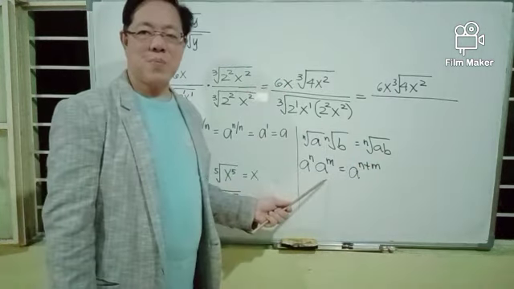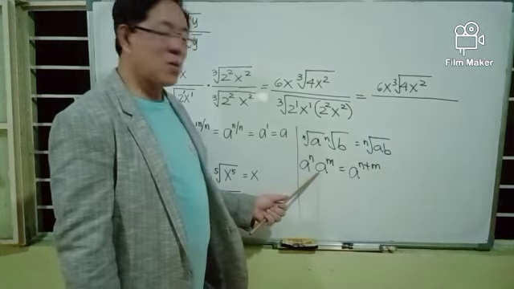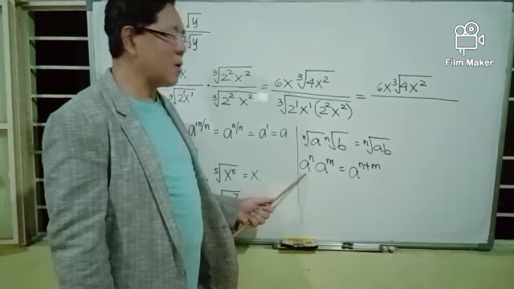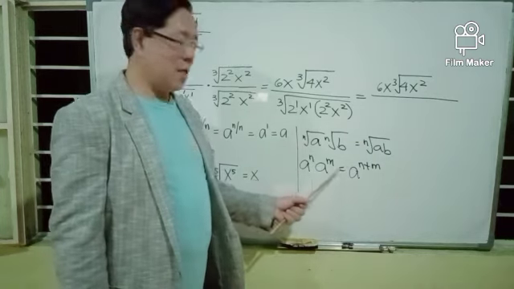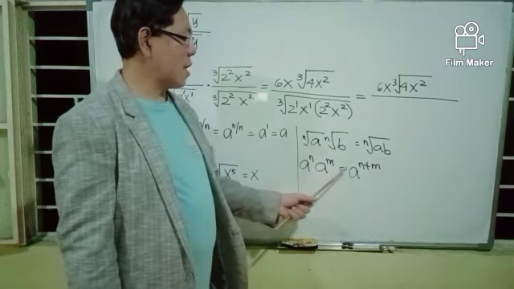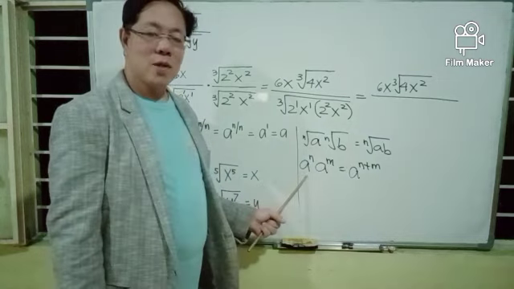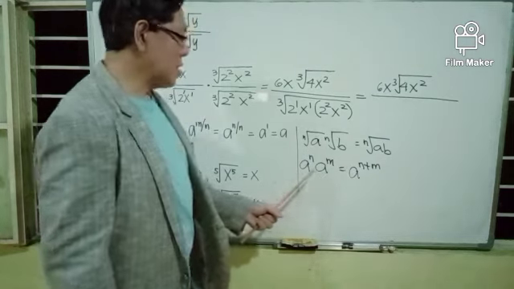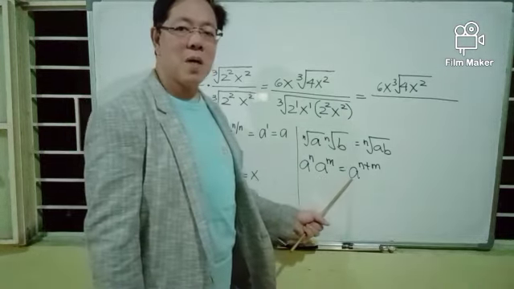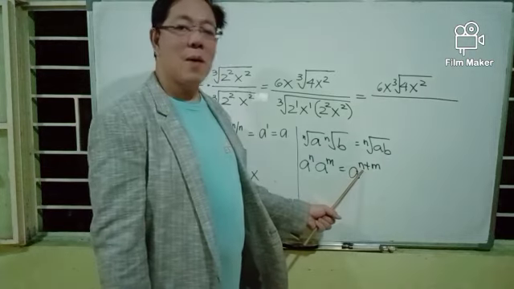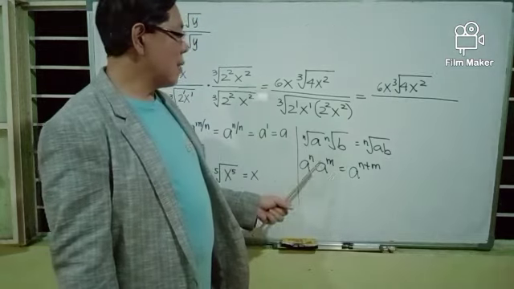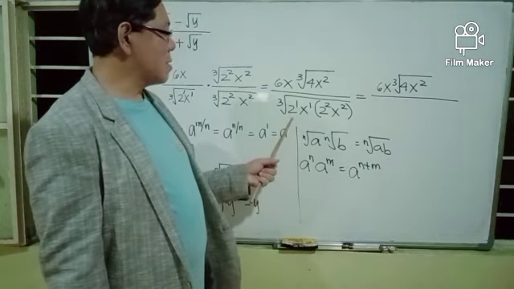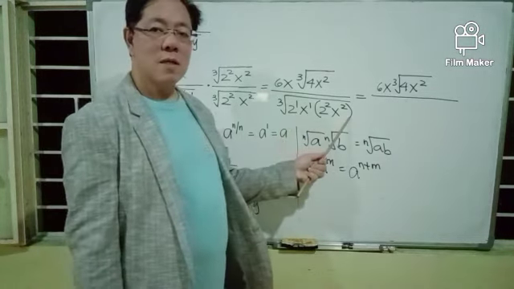This property of exponent says that if you are multiplying two exponential notations with a common base, copy the common base and add the exponents n plus m. Thus, a to the n multiplied by a to the m is equal to a, the common base, raised to the sum of the exponents, n plus m. We apply this property of exponent to simplify the radicand.